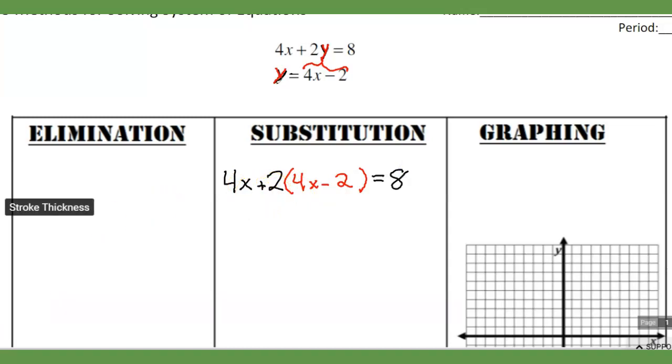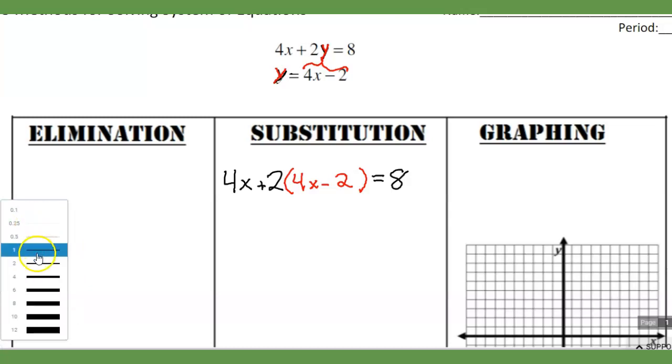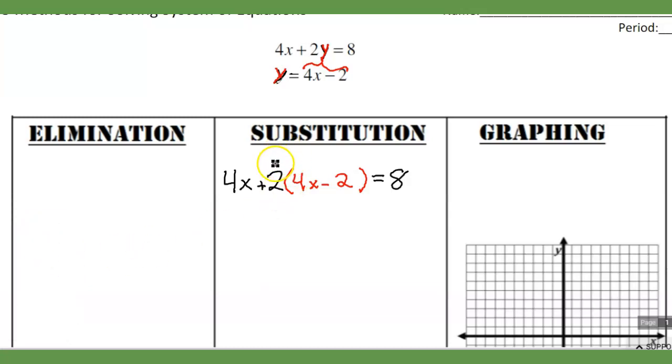As long as we remember all the different rules here about the distributive property, okay, and we take our time to show the work, we should be okay. 4x plus 8x does make 12x.